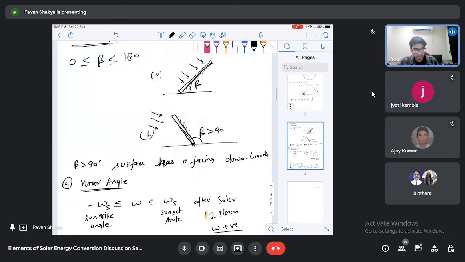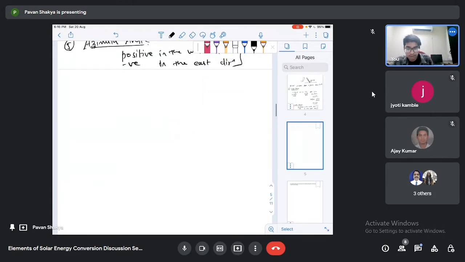Okay, so let's move forward. Now I will start the topic called shading. We have intuitions for the term shading.